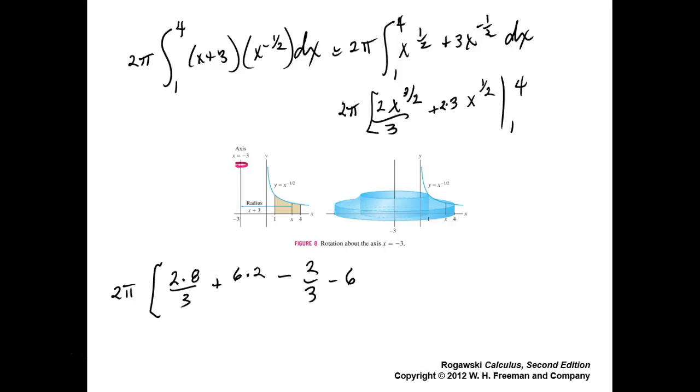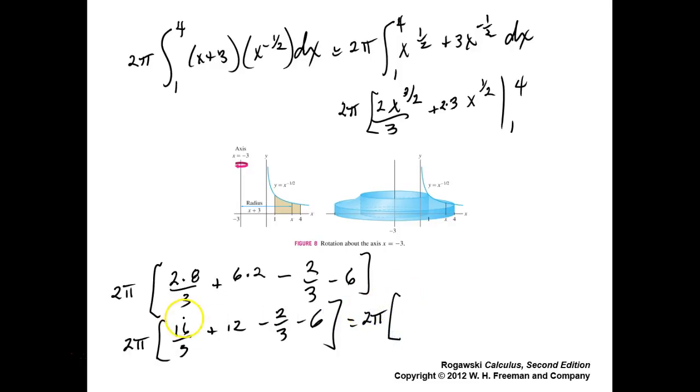So put a 1 in for x to any power, it's going to be 1. That's 2 pi times 16/3 plus 12 minus 2/3 minus 6. I'm going to sort of cheat a little bit and do 2 pi times 16/3 minus 2/3 is 14/3 minus 6. Well, I need that in terms of thirds. Let's make that 18/3.